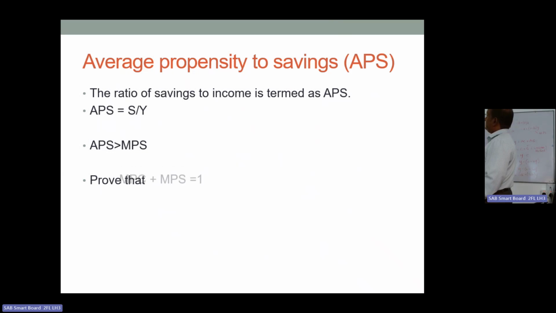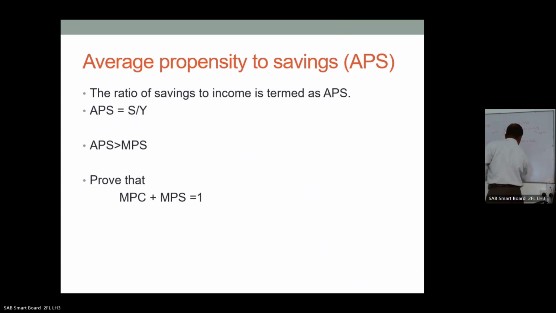If you look at these things, what is important is the relationship between consumption, savings, and income. Income is divided into consumption and savings.